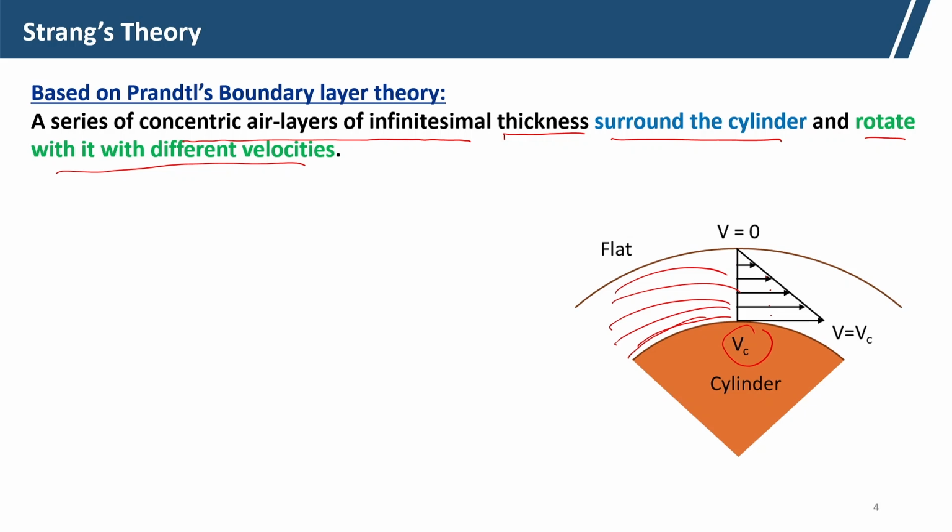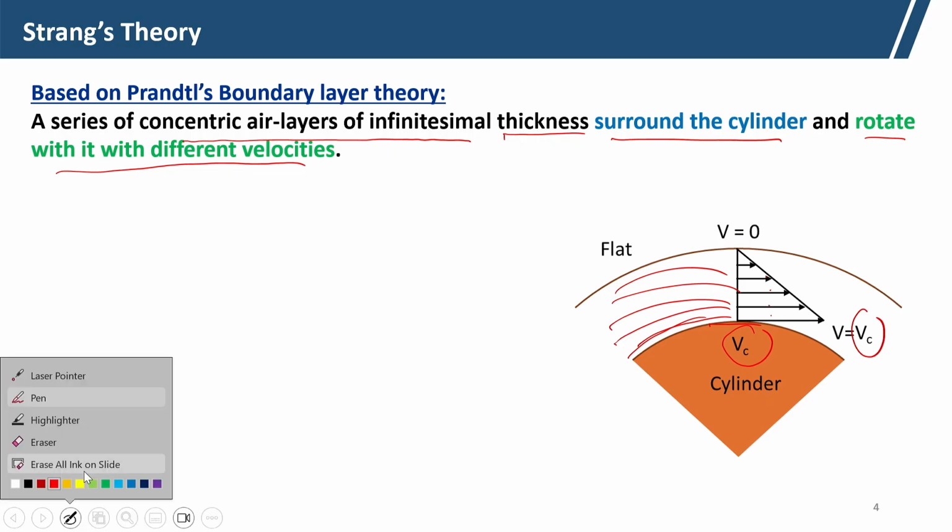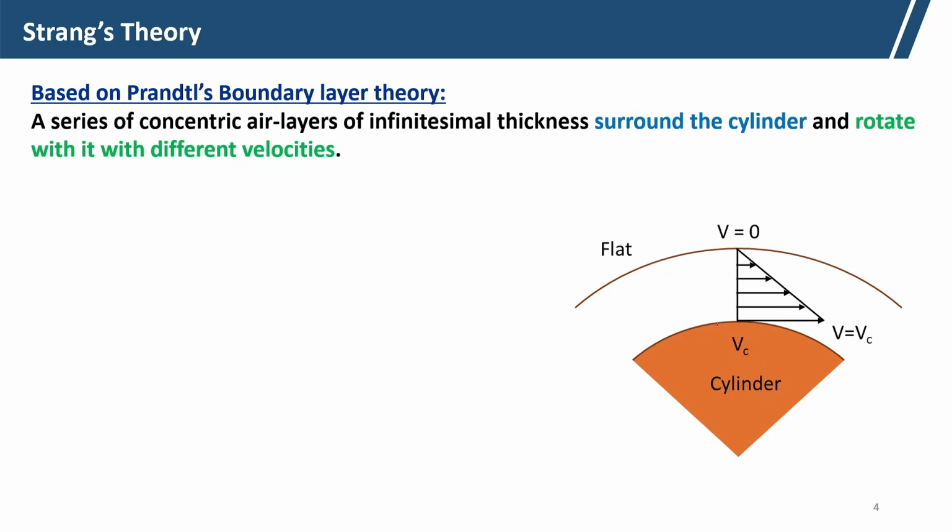The layer which is close to the cylinder, which is in touch with the cylinder, also rotates at the cylinder velocity. And as the distance from the cylinder increases, the air velocity reduces accordingly.